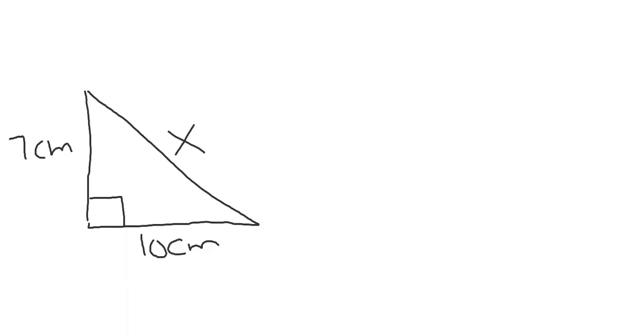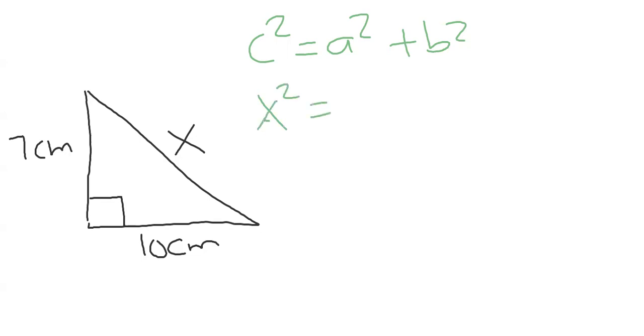So X is the longest side of our triangle, which means for us to find X, we are going to use C squared is equal to A squared plus B squared. Our C squared in this case is X squared. What is the value of our A?